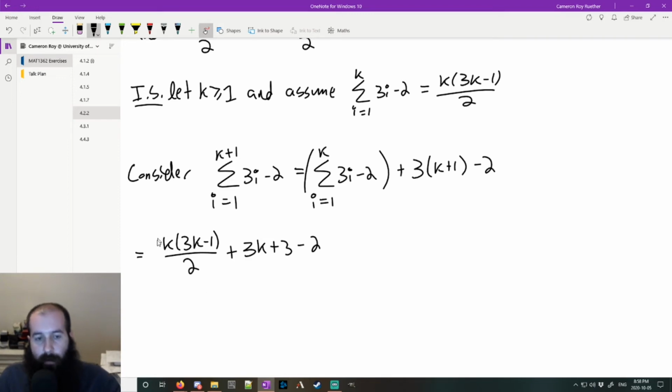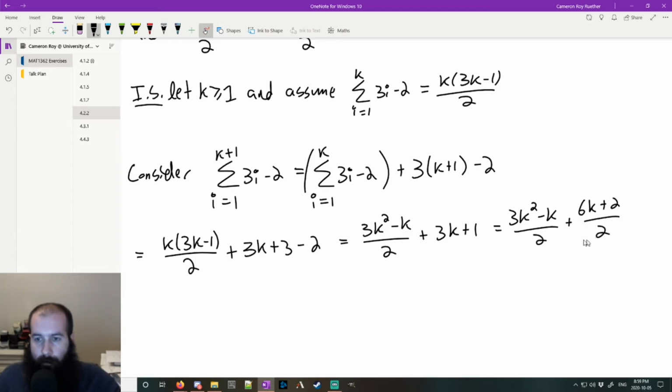So now we can just go about simplifying this. This is 3k squared minus k over 2 plus 3k plus 1, which is the following: 6k plus 2 over 2.